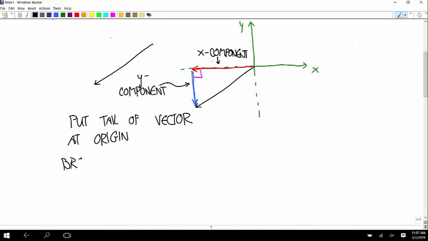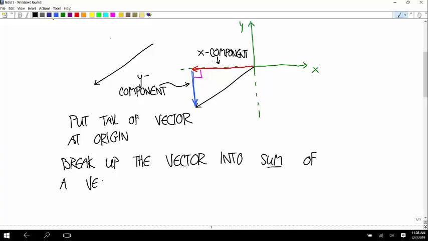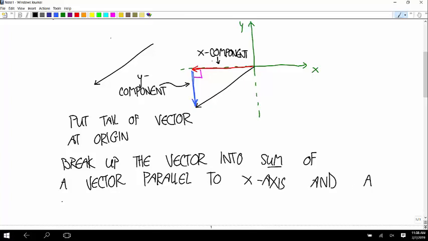And so now we're going to break up the vector into the sum of a vector parallel to the x-axis and a vector parallel to the y-axis.